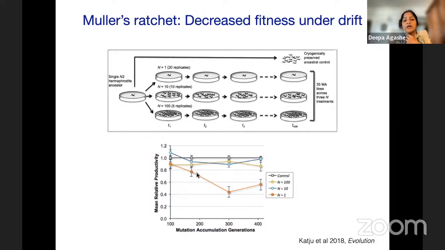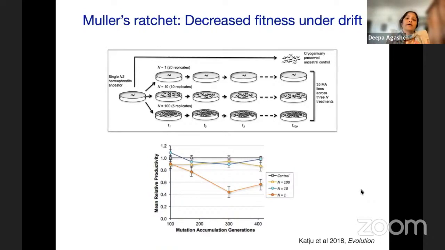But in the n equals 1, where there's a very strong bottleneck imposed, there is indeed a rapid reduction in fitness, not a very strong reduction in fitness in the other populations. And then they have a control line where they don't do the bottlenecks, they just maintain the line at some high population size.